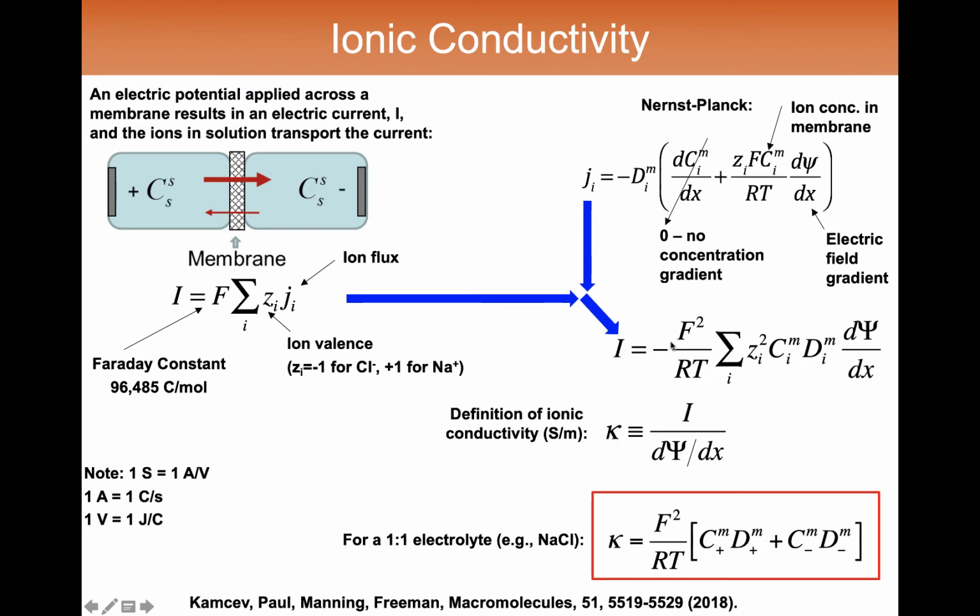And so if we use that definition in the expression that's shown here and apply it to a one-to-one electrolyte so that these valences are plus 1 for sodium and minus 1 for chloride, they're squared, so they both just end up being 1. And the ionic conductivity then depends on the square of the Faraday constant over RT times the concentration of cations in the membrane times their diffusion coefficient, and a similar expression for the anions.